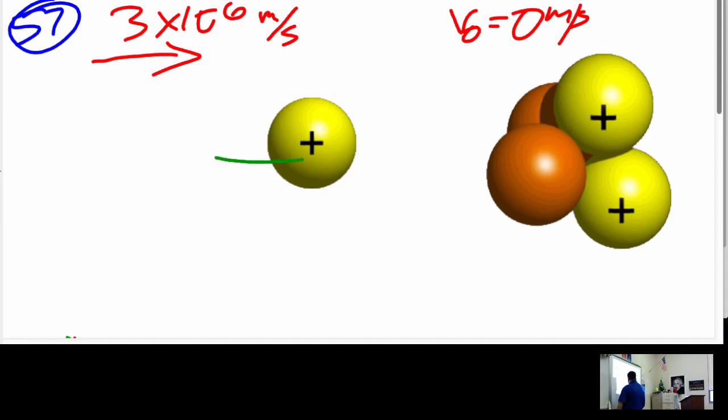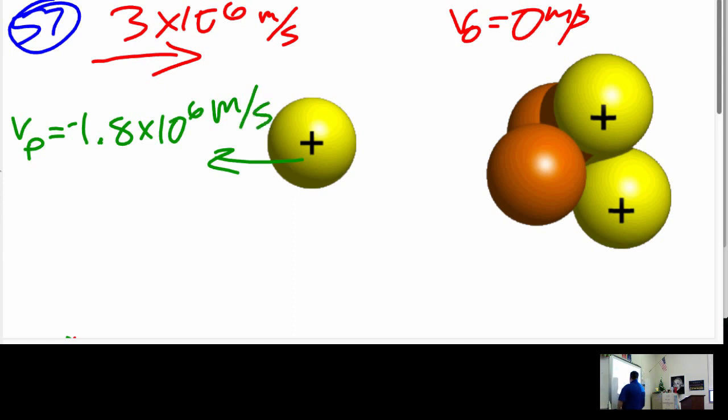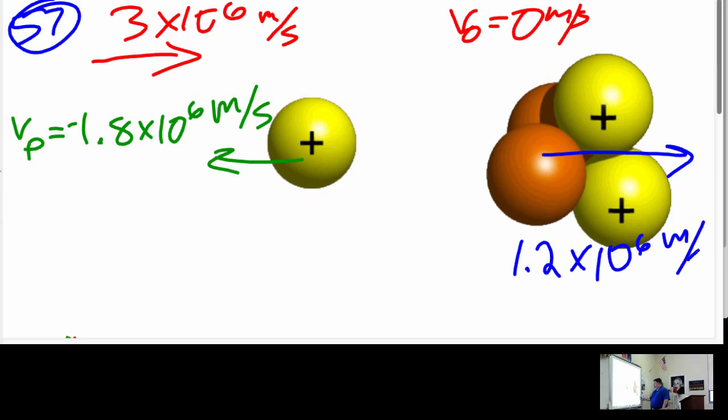Left. It's going to go this way, right? And that's going to have a final velocity of negative 1.8 times 10 to the 6 meters per second. This one's going to move this way with a velocity of 1.2 times 10 to the 6 meters per second.